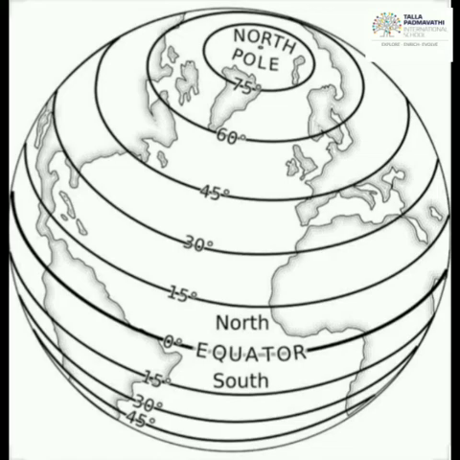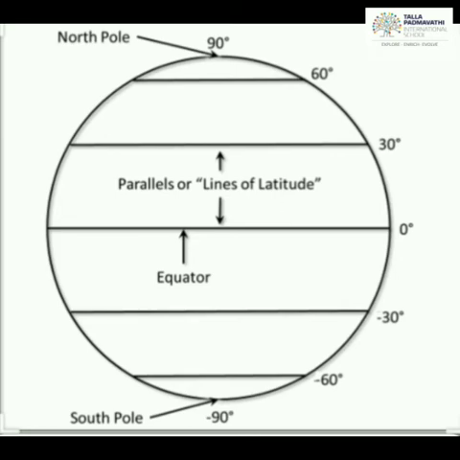One thing you need to observe is that when you have negative degrees, remember that it is the southern hemisphere, and when you have positive degrees, remember it is towards the northern hemisphere. So we can mention these latitudinal lines as 30 degrees north, 60 degrees north, and 90 degrees north.